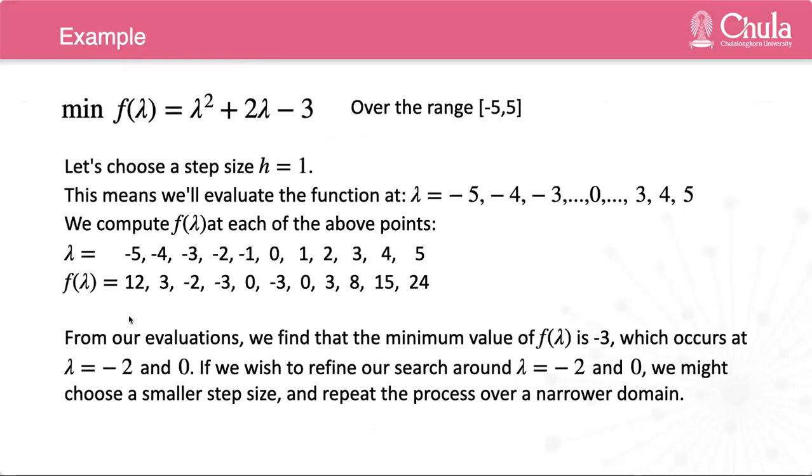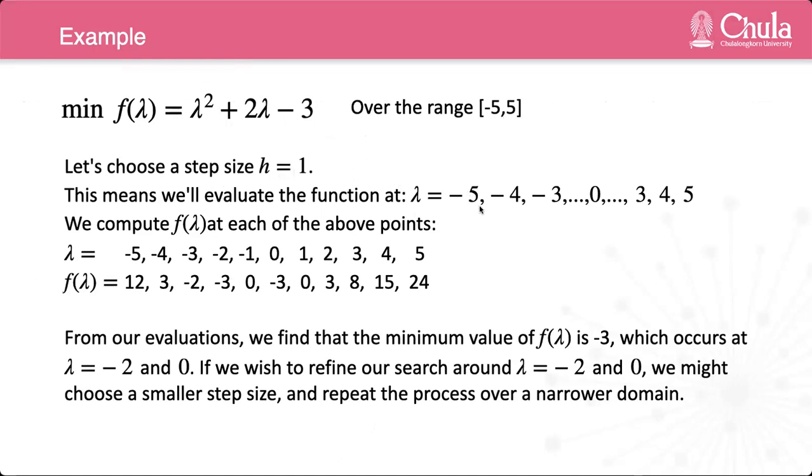Let me explain from the example. For example, we're going to minimize this objective function over the range of -5 to 5. So the idea of the fixed step size, let's say the step size is 1.